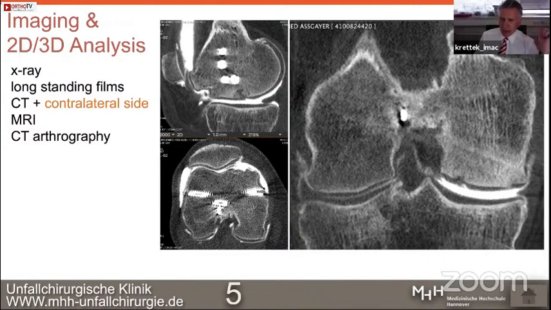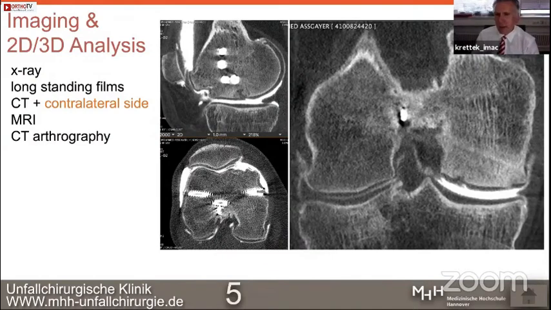And that's a pity, because the contralateral side gives us an enormous amount of information, which is very helpful for planning, for judging the shape of the deformed bone, and it helps us to plan where we want to go with our correction. So keep the contralateral side data set, which is in the ring of the CT scan anyhow, for your evaluation and for your judgment.